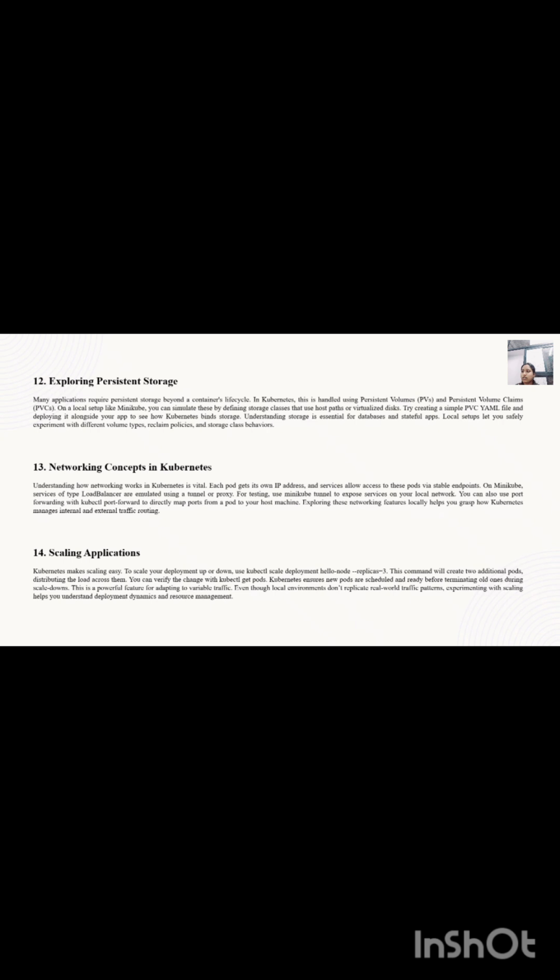Try creating a simple PVC YAML file and deploying it alongside your app to see Kubernetes bind storage. Understanding storage is essential for databases and stateful apps. A local setup lets you safely experiment with different volume types, reclaim policies, and storage class behavior.